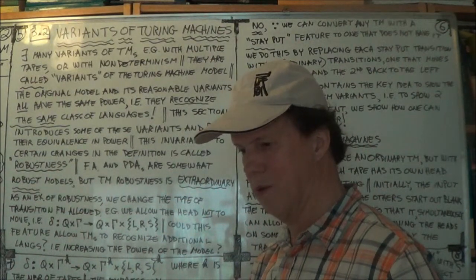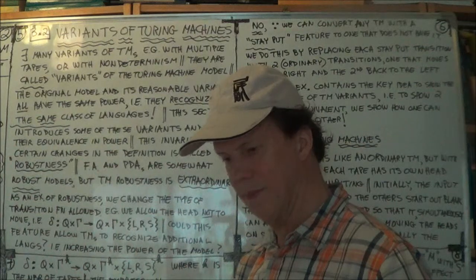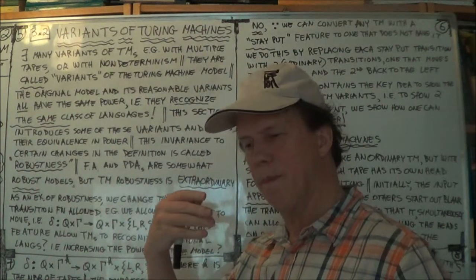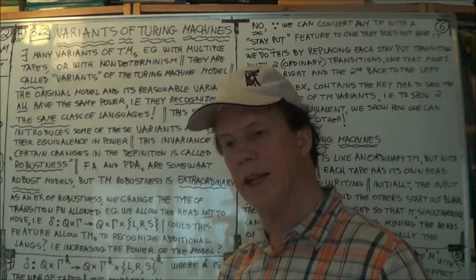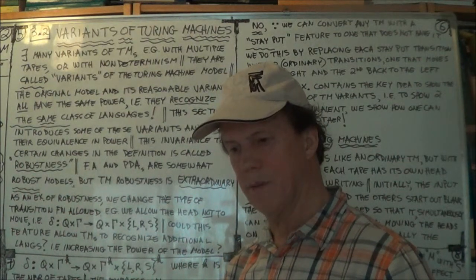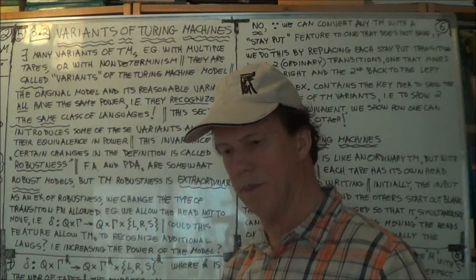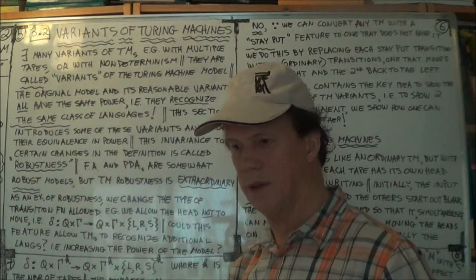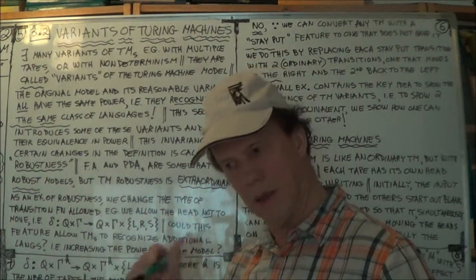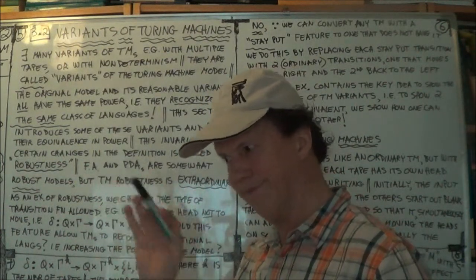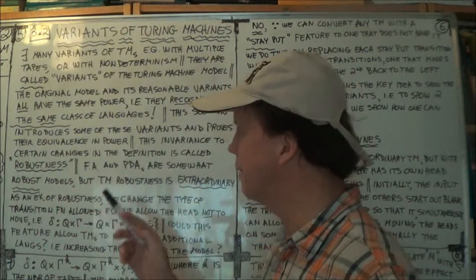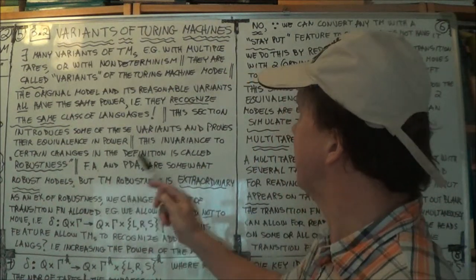Well, how can I put this? You're given a language, and if 2 machines both recognize that language, then those 2 machines are equivalent, at least with respect to that language. Maybe for some other language, that's a different question.